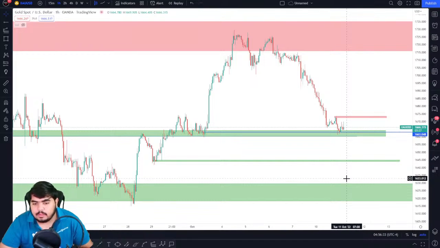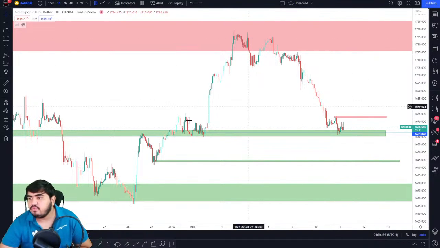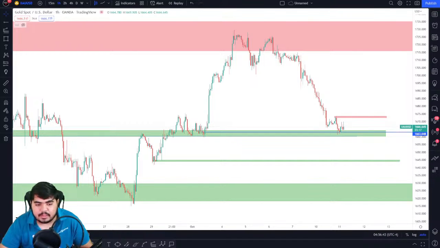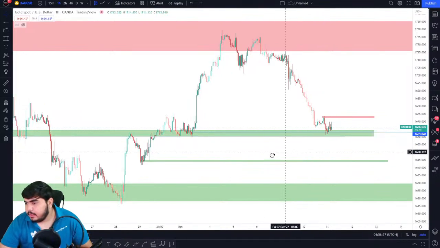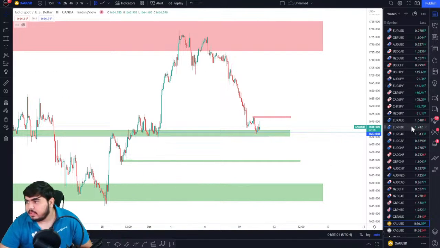So let's see how the market reacts to these areas. If the market is able to break out above, then we can expect a continuation towards the upside. Okay, so that's what we are looking at on the gold right now.